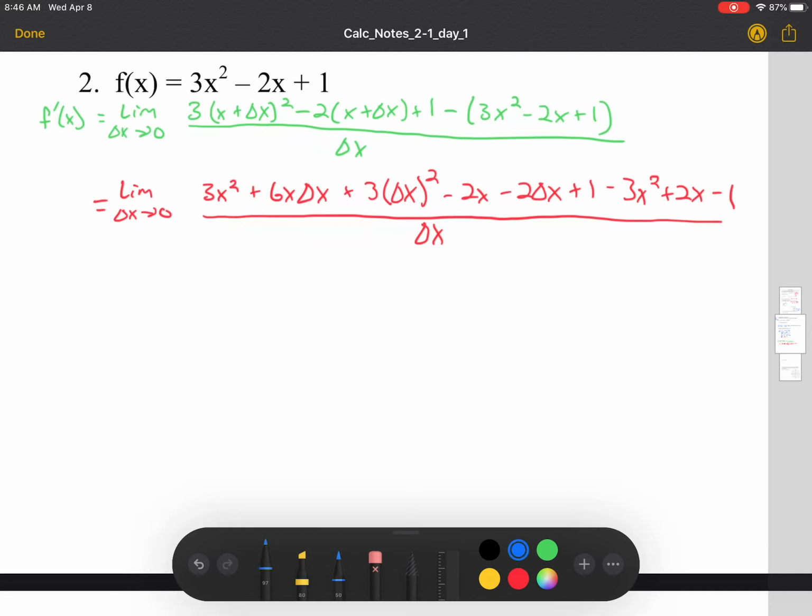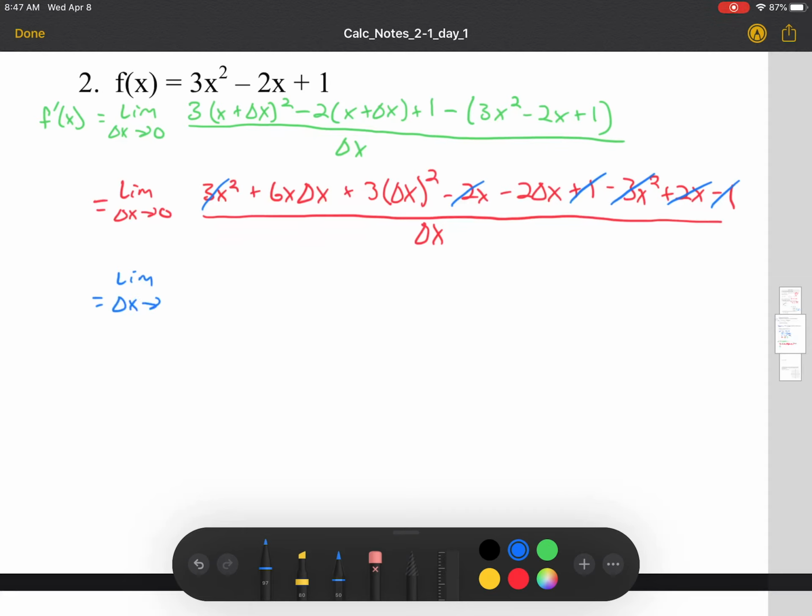Okay, nice thing about all this is once you write it all out, you get to cross it all out. Something satisfying about canceling stuff out. All right, those 3x squareds cancel out. We got a negative 2x, we got positive 2x. I believe, yep, and there's our 1s that are canceling. Looks like, yep, everything but things that are connected to a delta x should cancel out. Okay, so we got those canceled out.